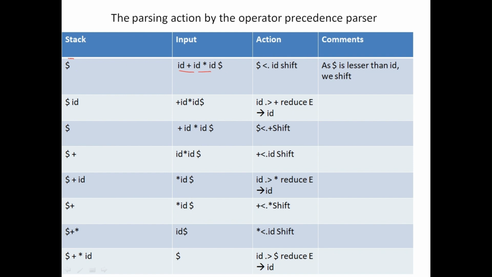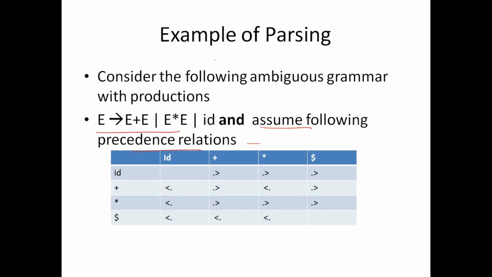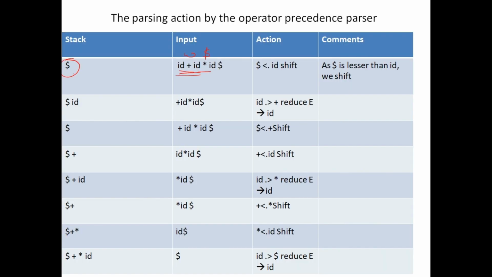Just compare. The stack has dollar and the input has w concatenated with dollar. Now the top of the stack is compared with the input. Just you can see here, dollar and id. So you have dollar with less precedence than id.